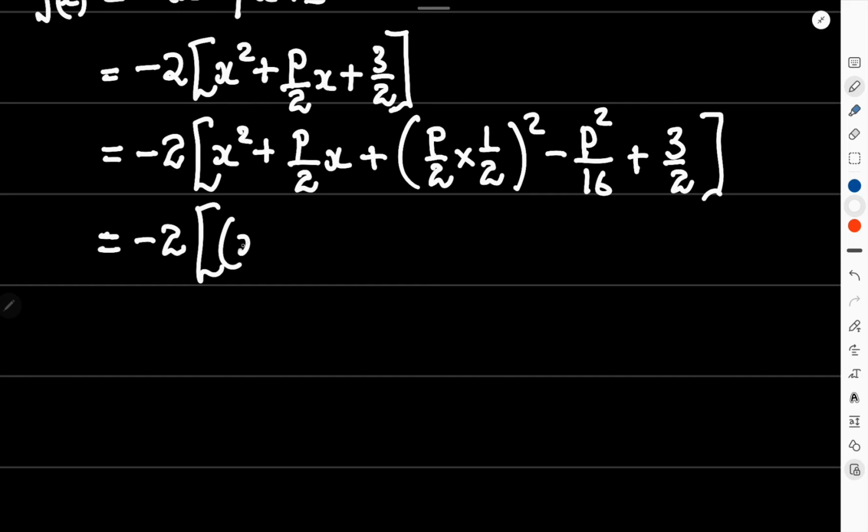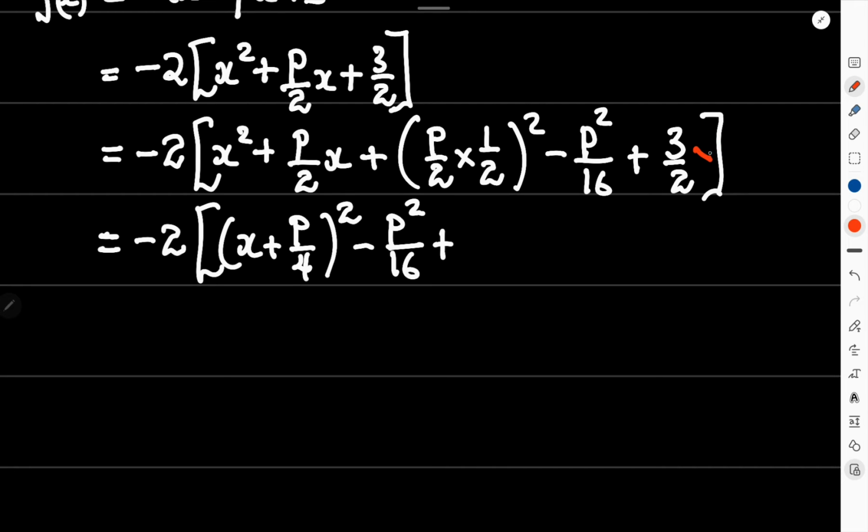Then you're going to have x plus p over 4, all squared, minus p squared over 16, plus 3 over 2.